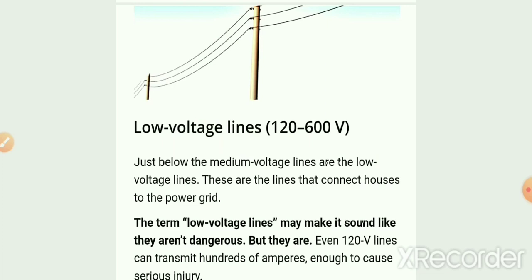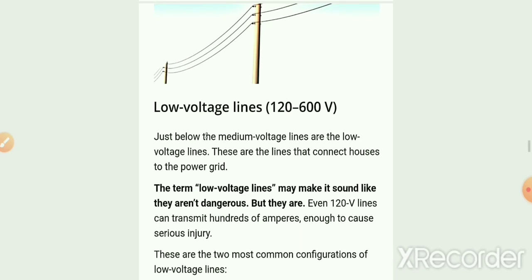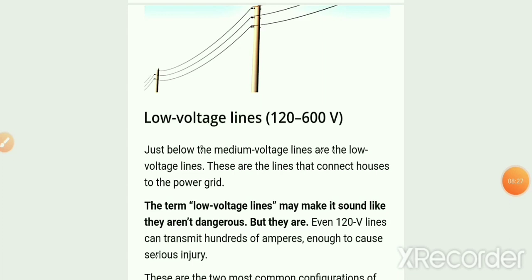Now the next is low voltage cable. Low voltage cables are manufactured from copper or aluminium, and they are generally used up to 0.6 to 1 kilovolt. We can say low voltage line is 120 to 600 volt, and also 0.6 to 1 kilovolt.